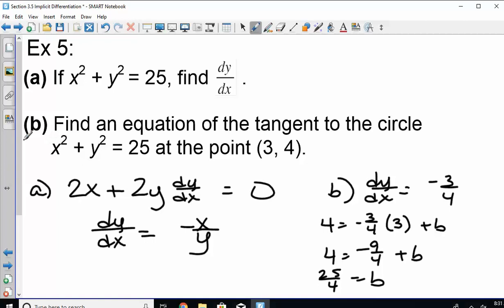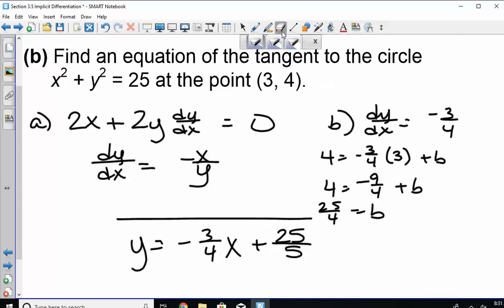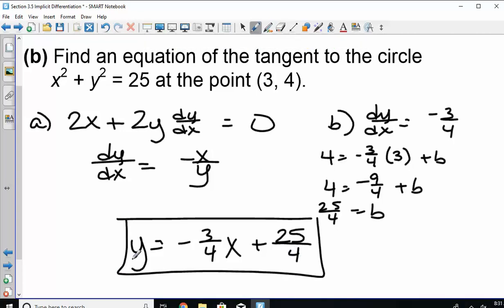So your y-intercept is 25/4. So your equation is y equals negative 3/4 x plus 25/4. Is that okay?